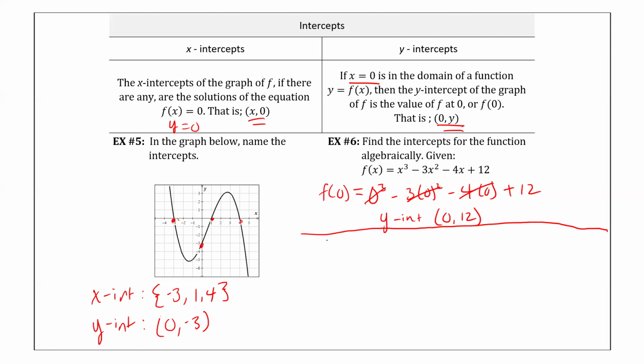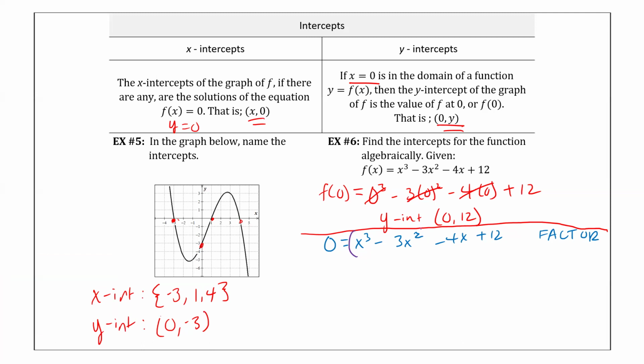So if I let 0 equal x cubed minus 3x squared minus 4x plus 12, the only way to solve this without a calculator is that we have to factor. And because there are 4 terms, this is factoring by grouping.